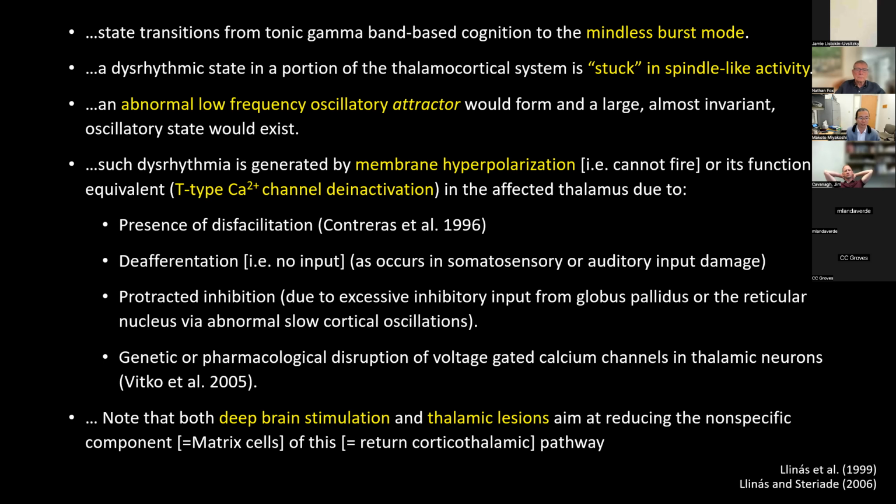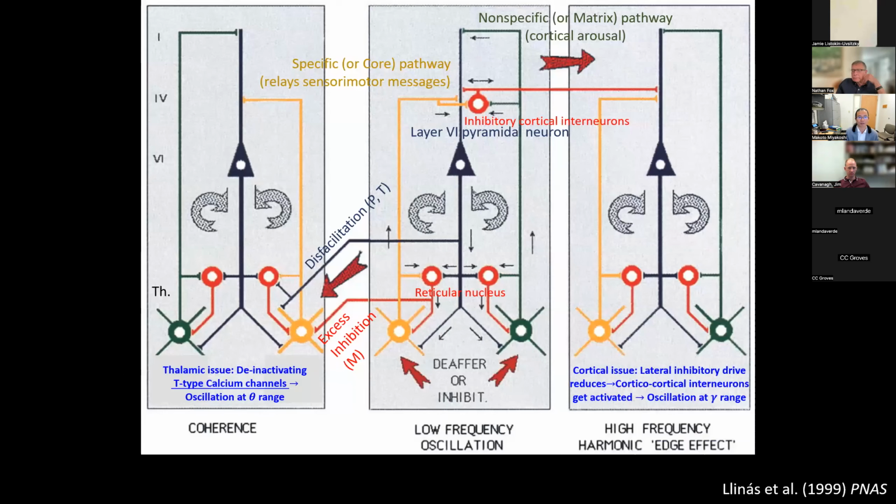And importantly, some of the deep brain stimulation applications or thalamic lesions aim at reducing some specific part of the thalamus. So this is like a proof of concept, using the disease template to prove that there is a specific thalamocortical circuit that can go wrong and that can be cured.